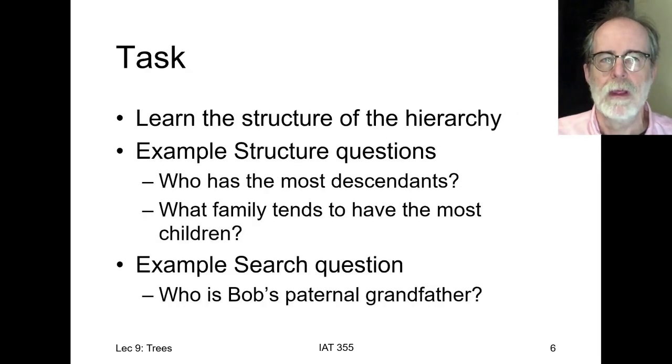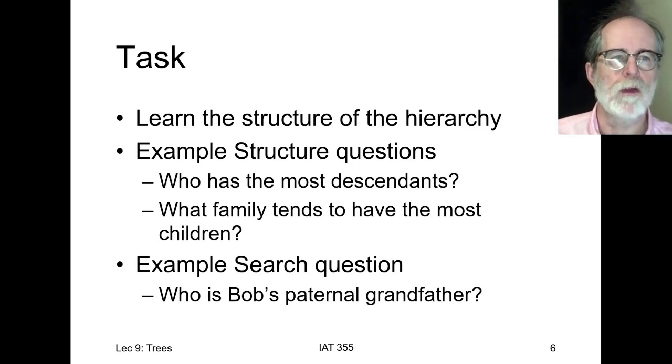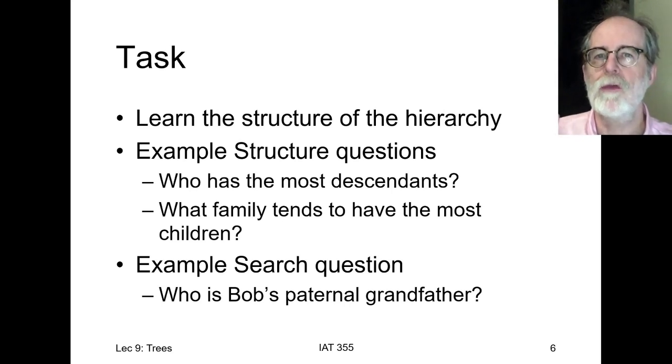Okay. So when we're thinking about drawing trees, one of the things that we want to be able to do is to learn a number of things about the tree. One of the most important things typically is to learn the structure of a hierarchy. Example structure questions are things like, who has the most descendants?